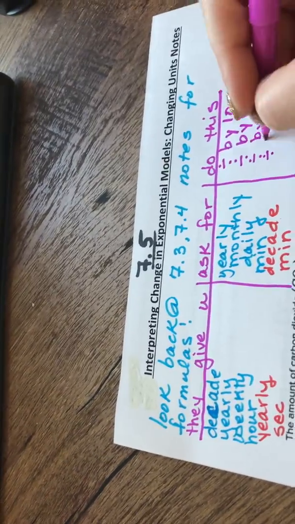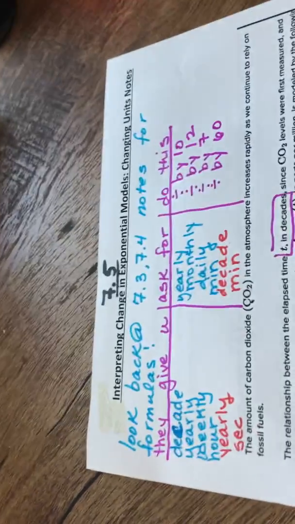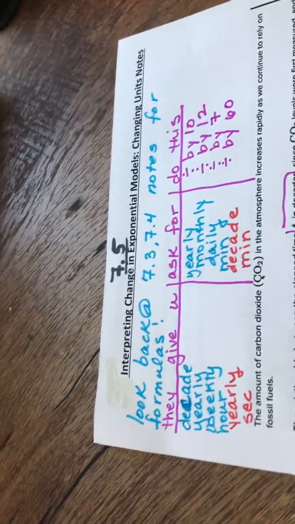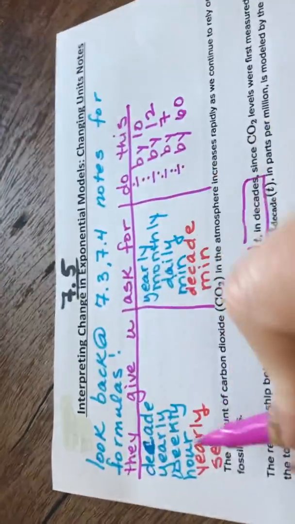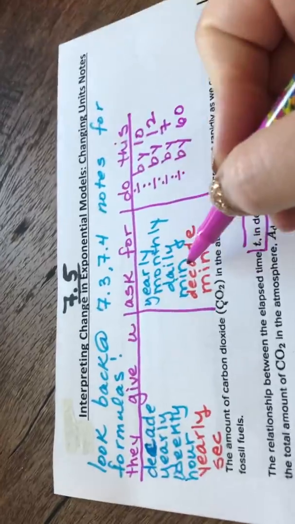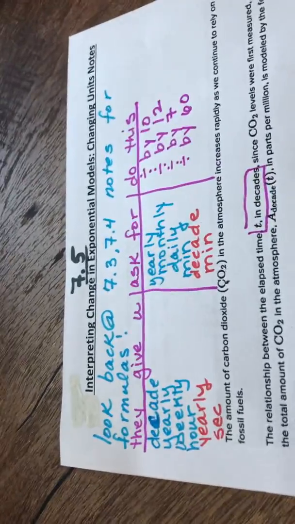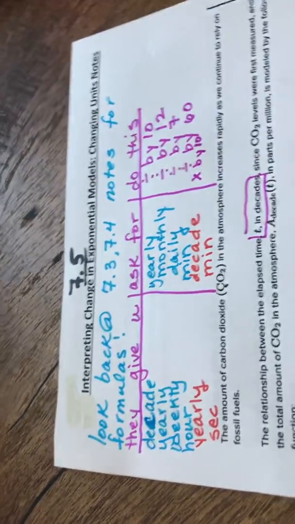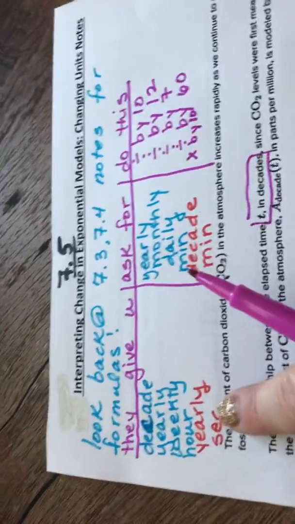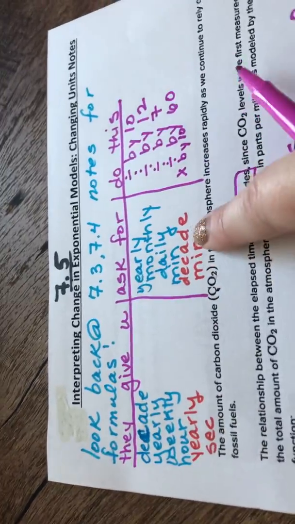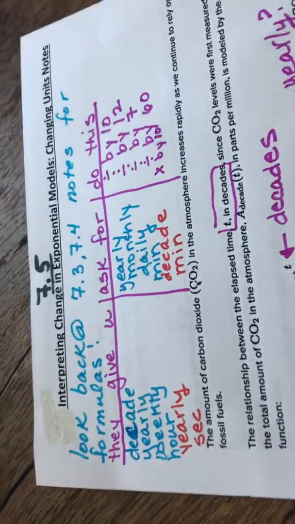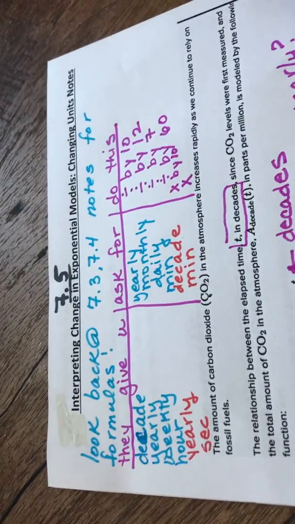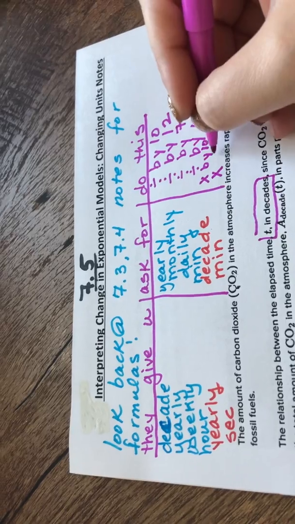You divide by 60. These are in a different color because they're a little bit different. If they give you yearly and they want decades, that means you're getting bigger, so you multiply by 10. If they give you seconds and they want minutes, that means we're getting bigger, so you multiply by 60.